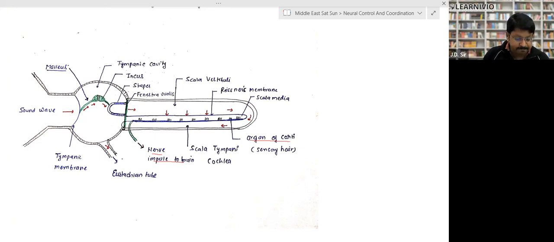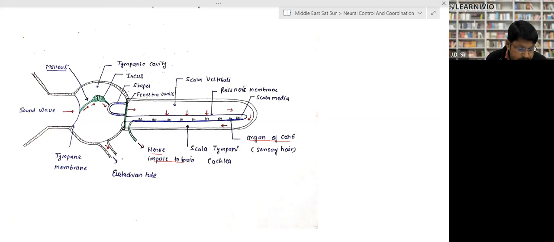The vibration is transmitted across the middle ear by the malleus, incus, and stapes bones.